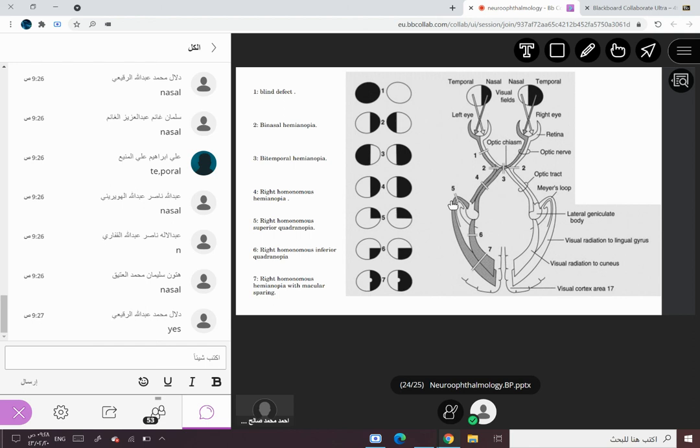Then we have the visual radiation, the superior visual radiation, where we will have the inferior quadrantanopia. And lastly, in the visual cortex, we will have a homonymous hemianopia with macular sparing. It will be very obvious when we do a Humphrey visual field that the macula is spared, and it is not always, and there is a theory behind it.